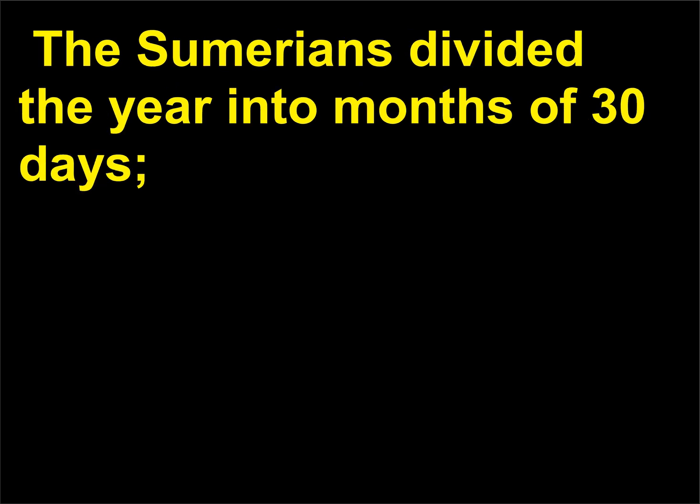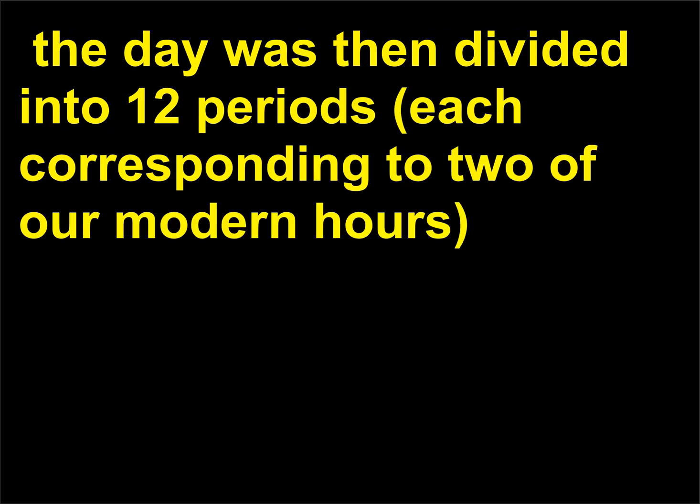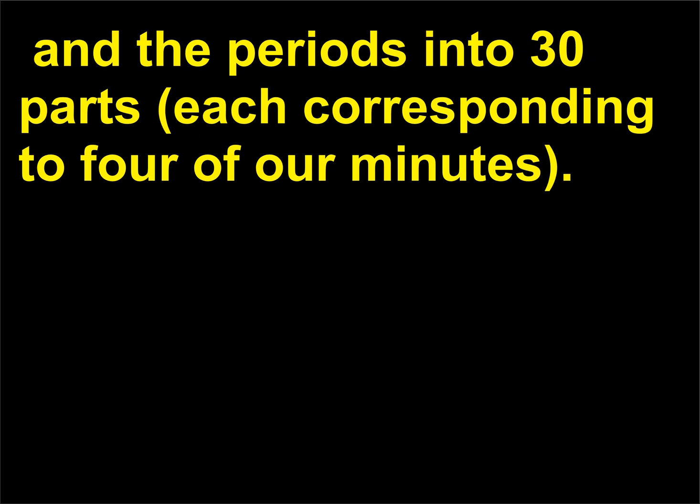The Sumerians divided the year into months of 30 days. The day was then divided into 12 periods, each corresponding to 2 of our modern hours, and the periods into 30 parts, each corresponding to 4 of our minutes.